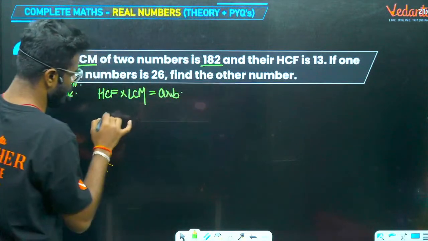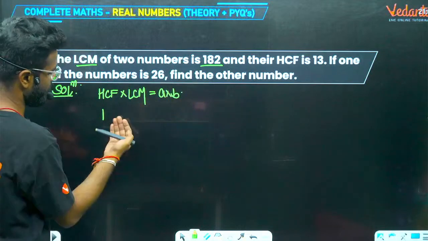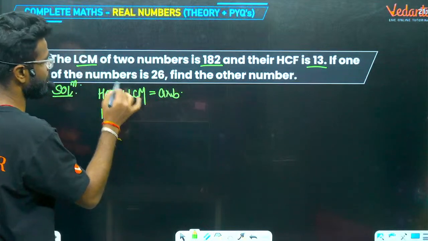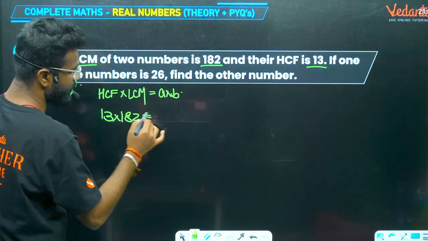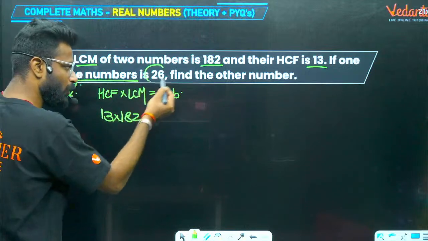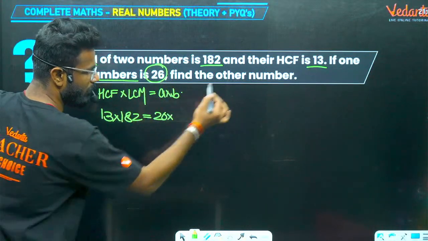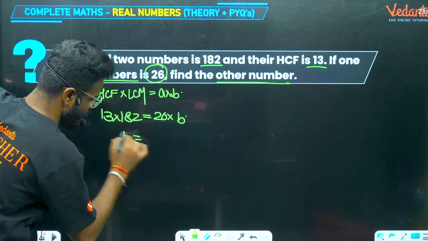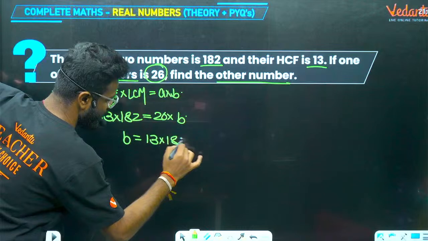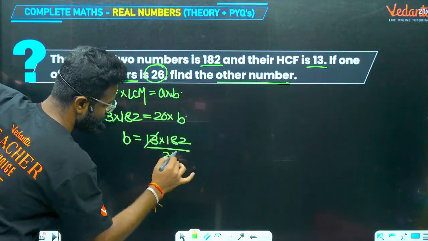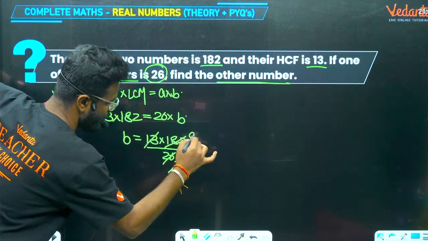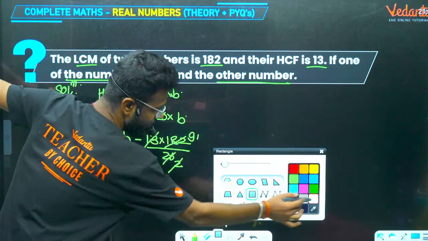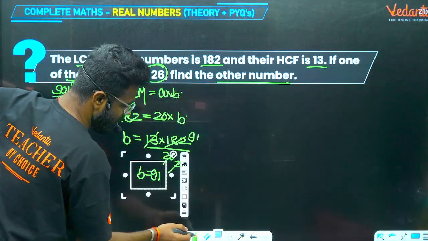In place of HCF you can write 13 and in place of LCM you can write 182, equal to, if one number is 26, find the other number. Let's say B. So B is equal to 13 into 182 upon 26. 13 2s are 26. 91. The other number is 91. It's clear.